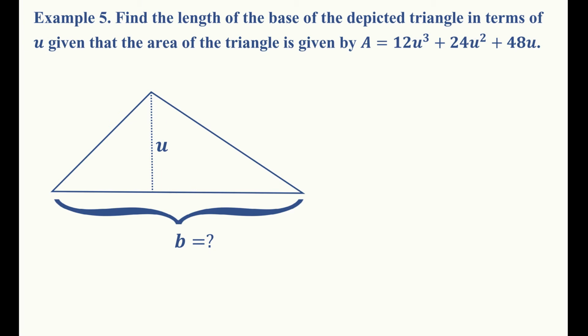All right. So as is the case with all geometric applications, we'll start by writing the formula that's applicable here. And we notice that that's just A equals base times height divided by 2. You may have seen that as area equals 1/2 base times height. It's the same thing.